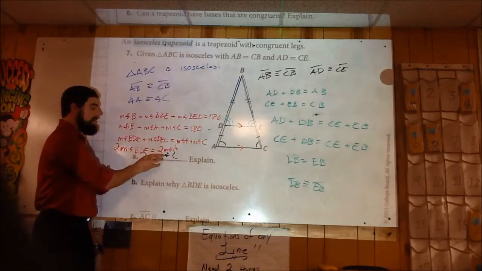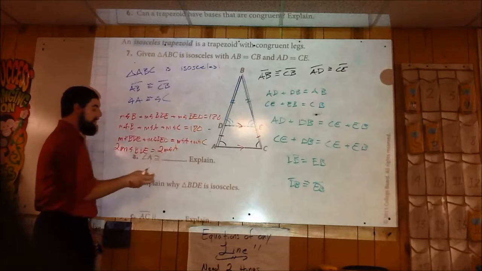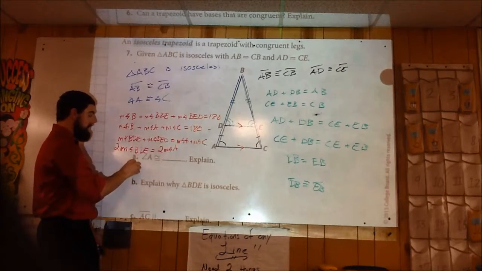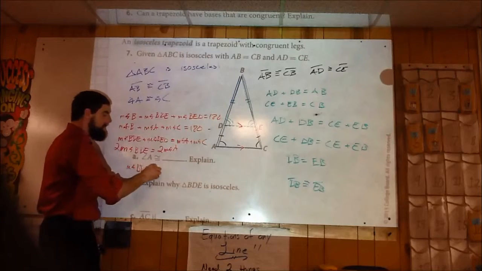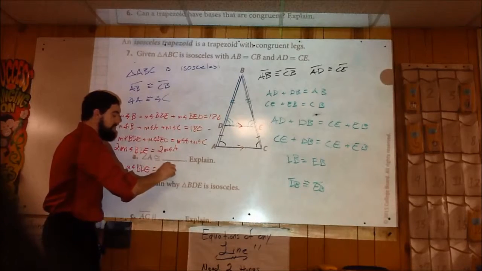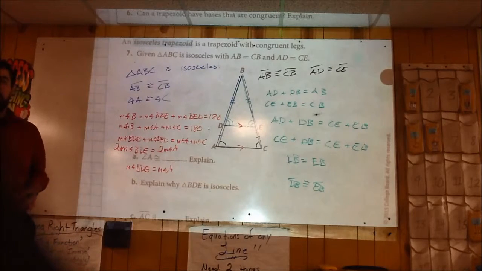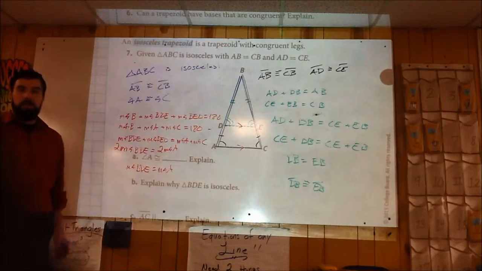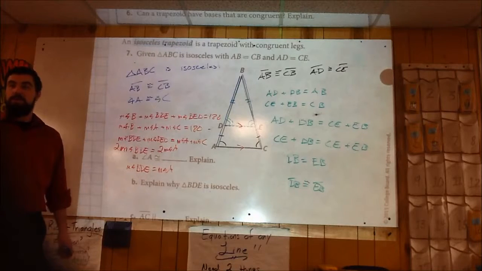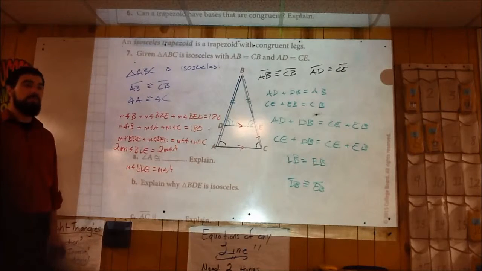So I'm going to get here. I'm going to divide by 2 on both sides. I'm going to get that the measurement of angle BDE is equal to the measurement of angle A. Two angles have the same measure, then they are congruent. This proof is probably going to be on your next quiz. So those of you who are zoning out, I don't know why.